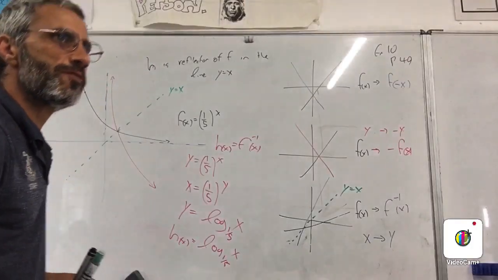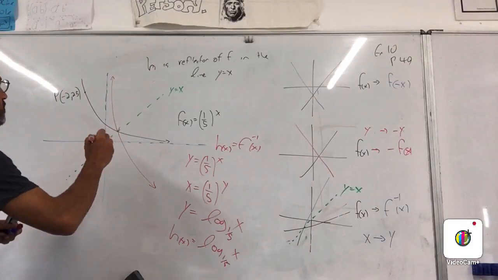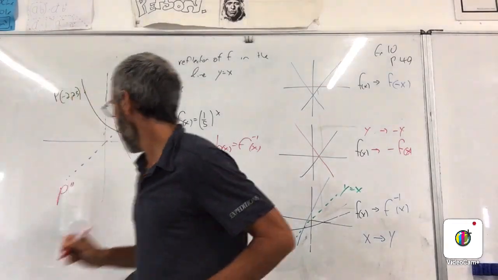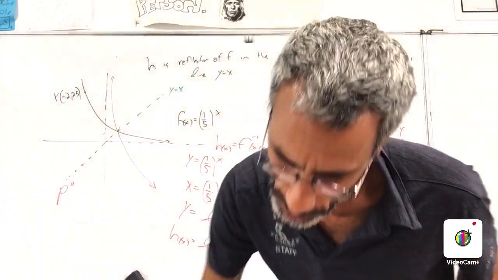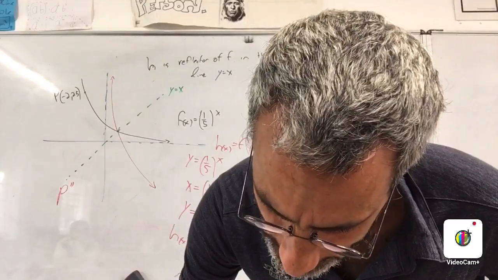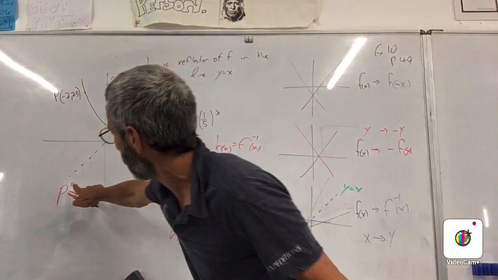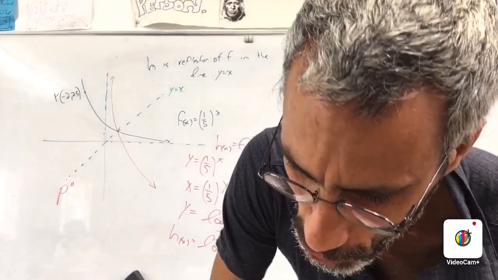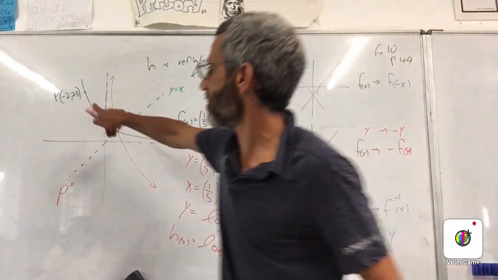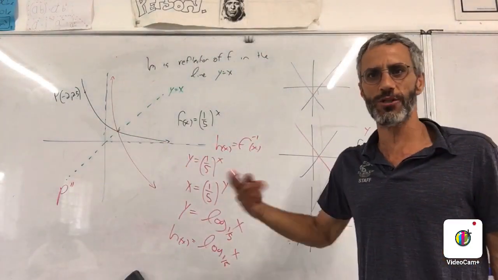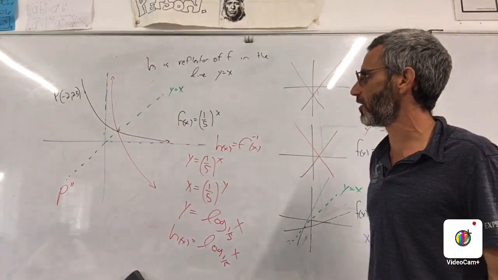The second bit of this question is that they asked me to find p double prime. I'll read it for you. Find the coordinates of p double prime, which is the image of p on h. We had that question done on another reflection in the last lesson.